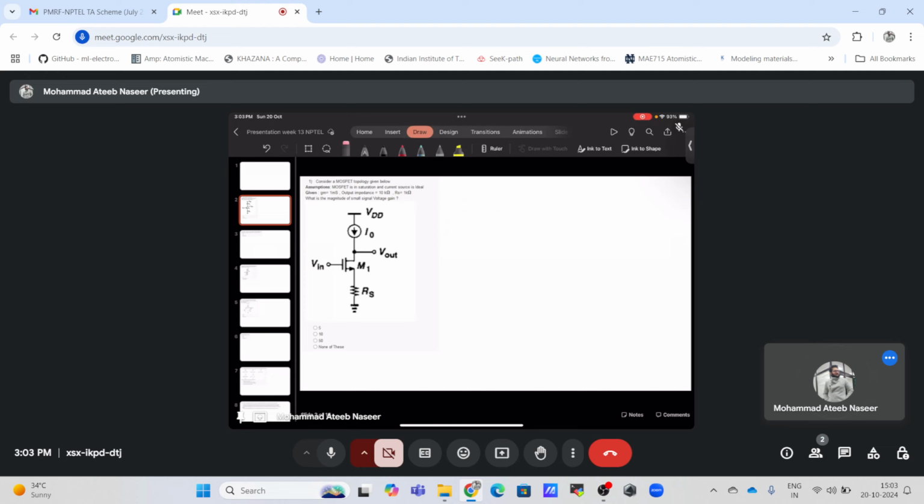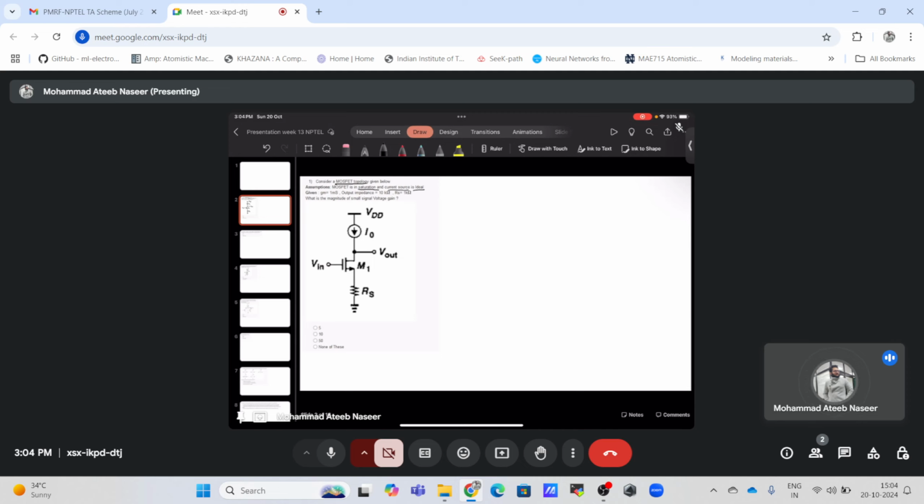Now in this problem, a MOSFET is given to us, and we have been told that the MOSFET is in saturation and the current source is ideal.